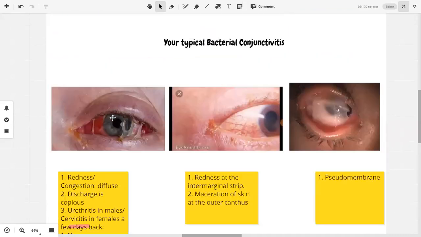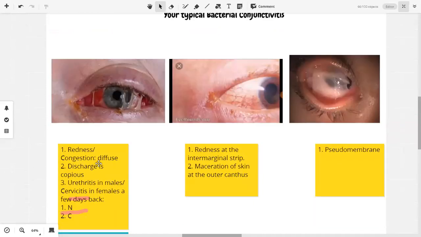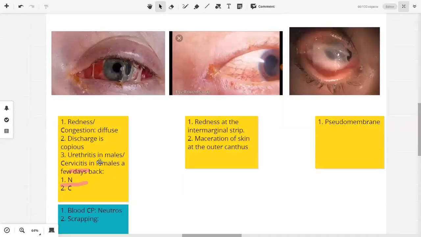Now, this patient who had a typical bacterial conjunctivitis history, who had redness, congestion, which was diffuse, discharge, which was copious, and he presented with a urethritis or a cervicitis. In short, an STD or an STI. This patient has Neisseria gonorrhea conjunctivitis.